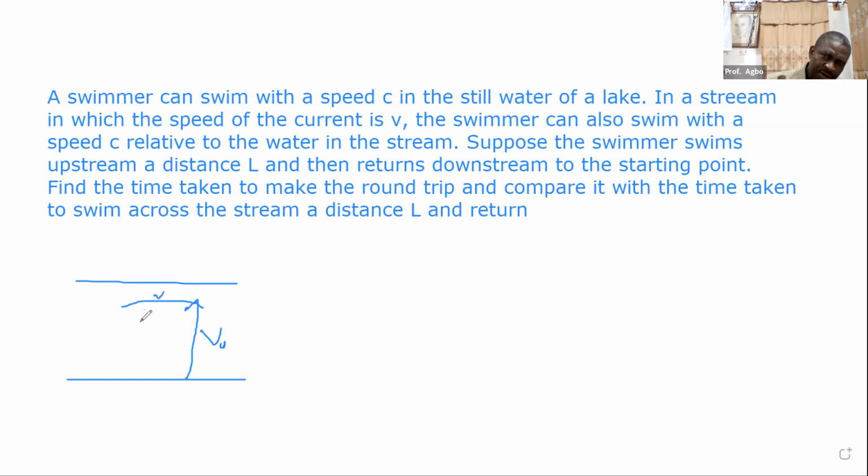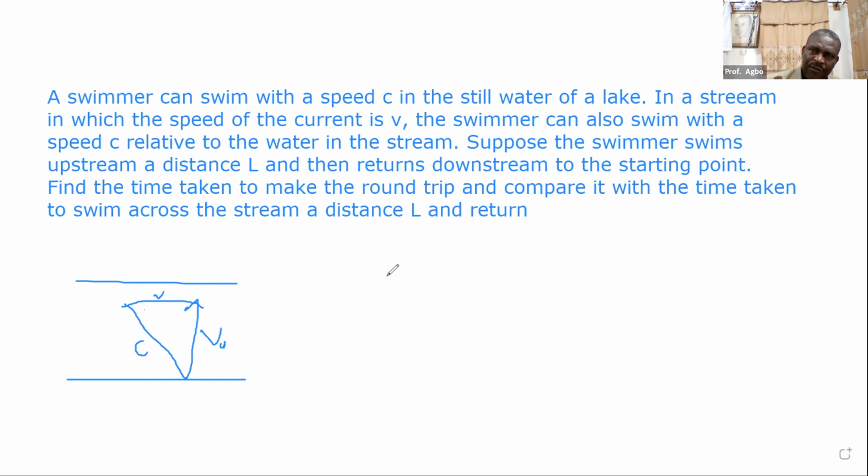And here we have c, the speed at which the swimmer swims in still water. So this is the bank of the river.